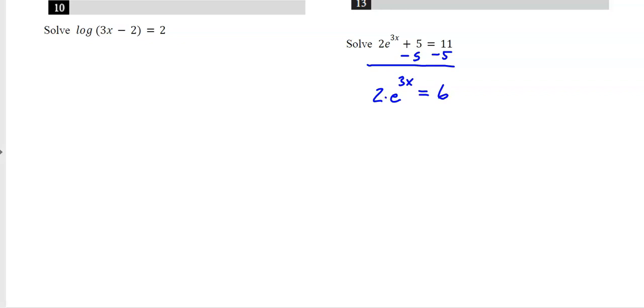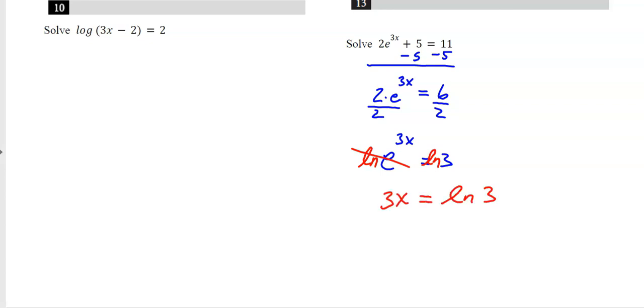Then I'm going to divide both sides by 2. So I get e to the 3x equals 3. And now, to get rid of that e, we can sneak in the natural log, because natural log and e are inverses. So that goes away, and I have 3x equals the natural log of 3, which is just some decimal. Divide by 3, divide by 3.